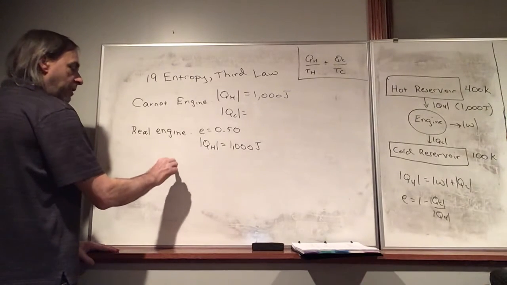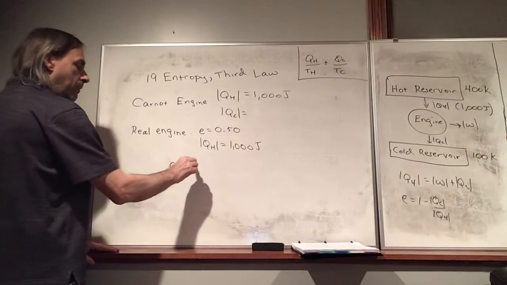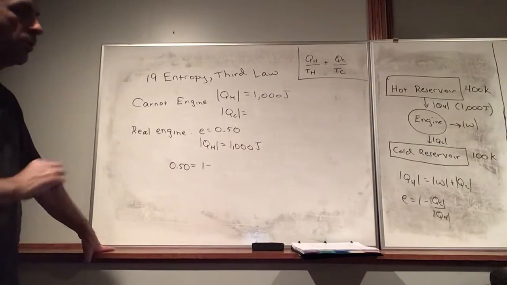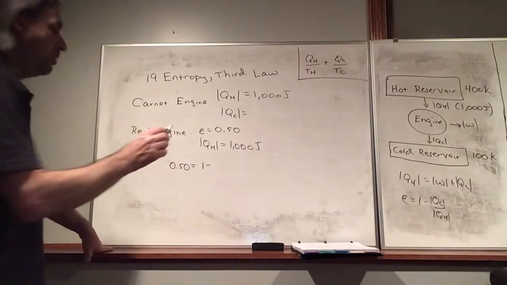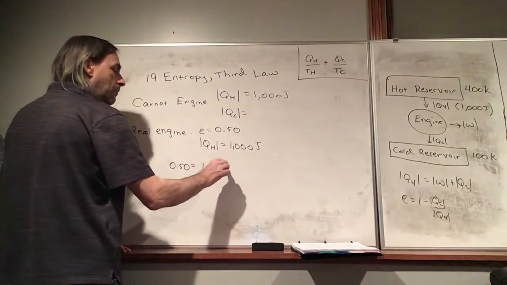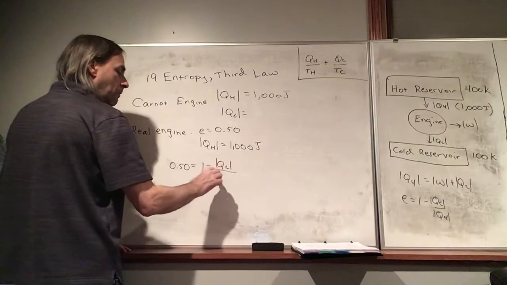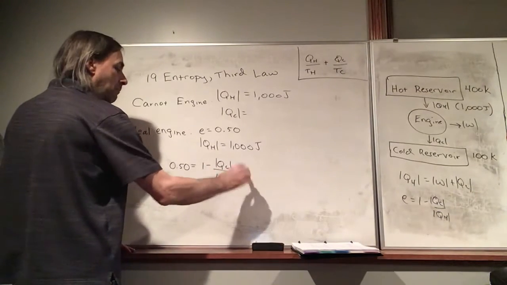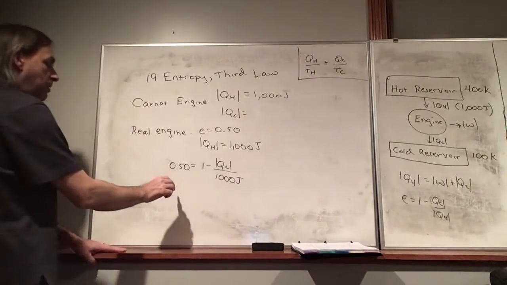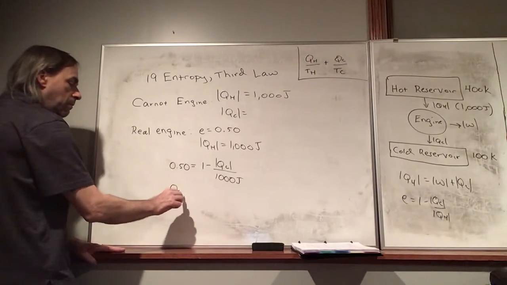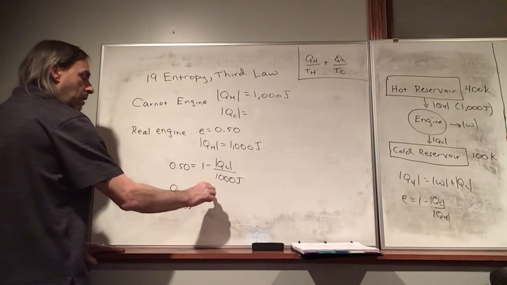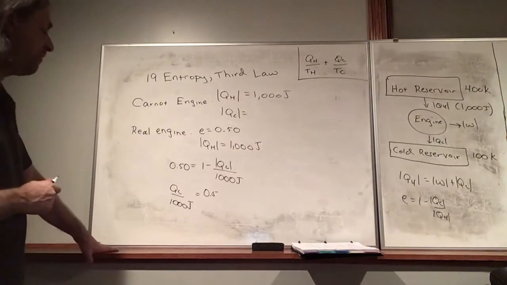So our efficiency is 0.5, and QC over 1,000 joules would be 0.5.